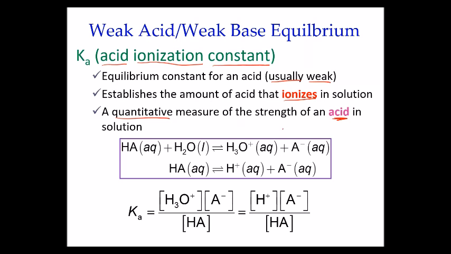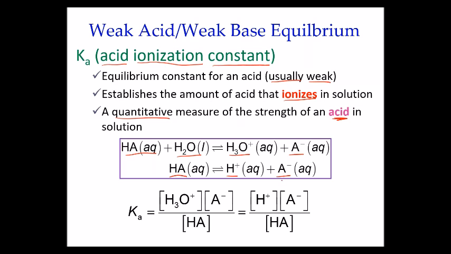Now, we write out the reactions the same as before. The acid plus water gives you hydronium and the conjugate base over here. And if you're writing it the Arrhenius fashion, the acid just breaks apart into hydrogen and the conjugate, or the anion here.